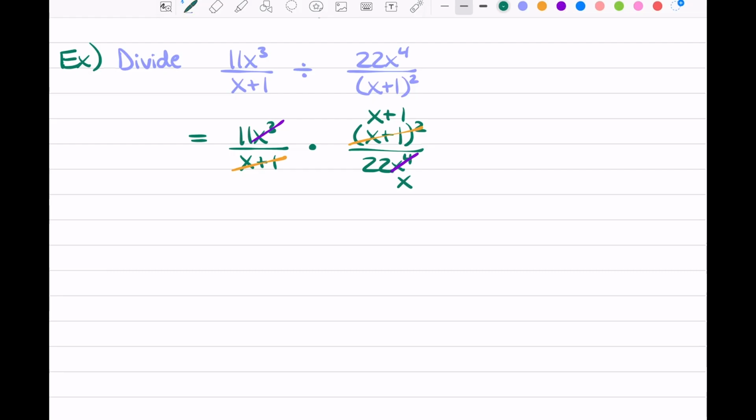That's the x that's left over. And you might notice that 22 is 11 times 2, which means we can cancel the 11 on top with the 11 on bottom. Now looking at our top pieces, we canceled out this entire term, and we're left with x plus 1. And on bottom, we canceled out this term, and we're left with 2 times x.